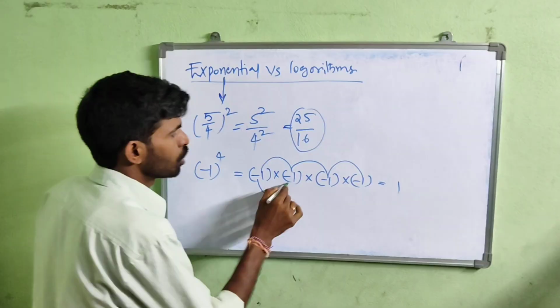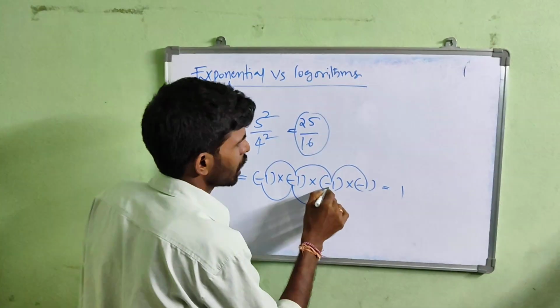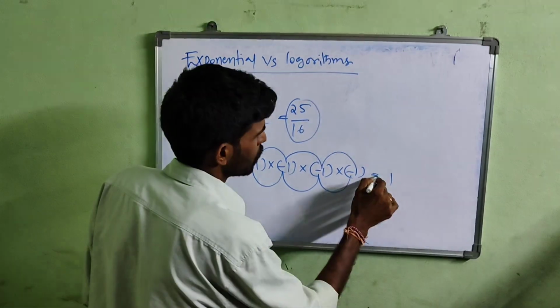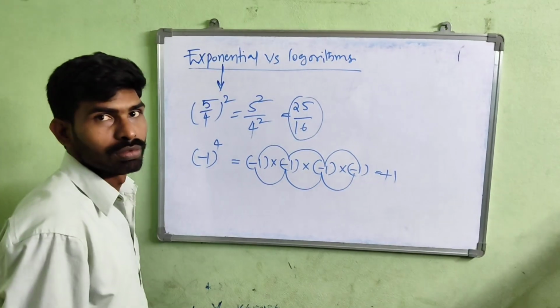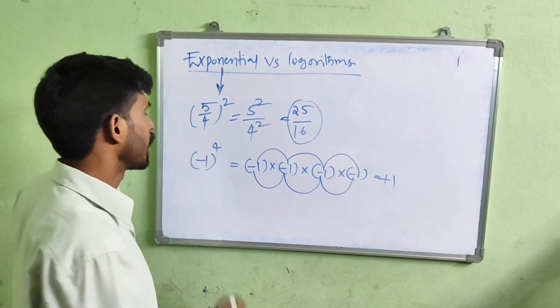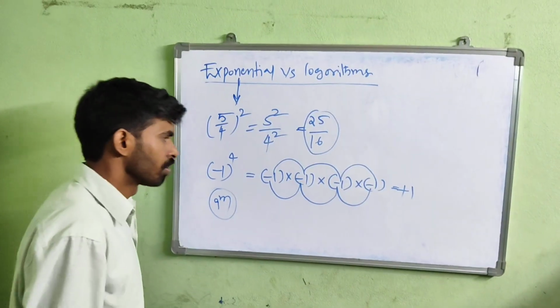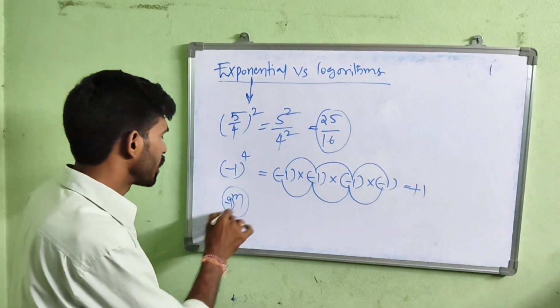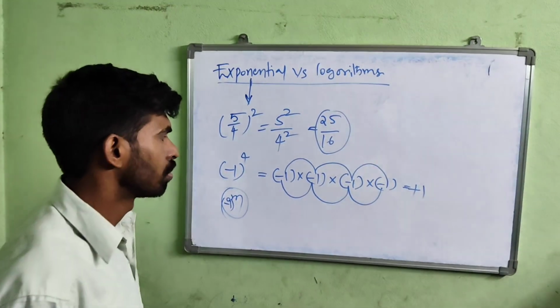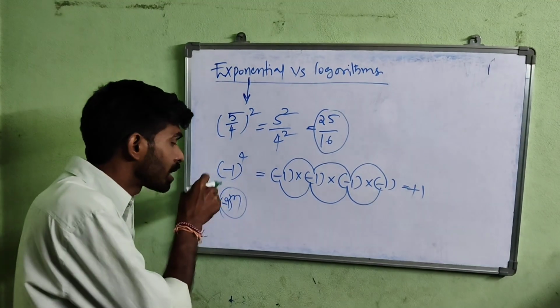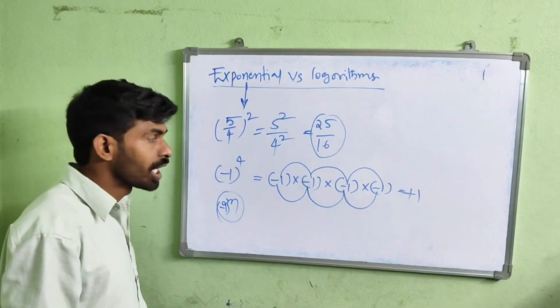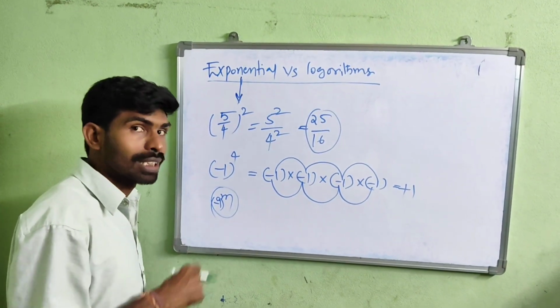Now minus into minus is plus, plus into minus is minus, minus into minus is plus. Like that we need to take. That is simply a power m; that means minus a power m. We need to take into consideration the sign of the power also.